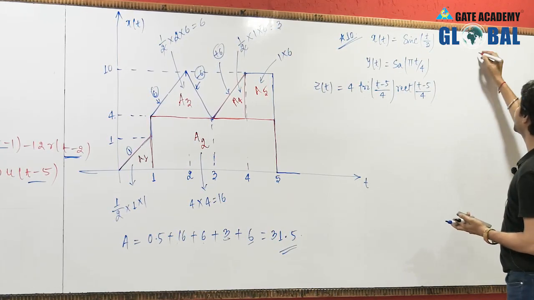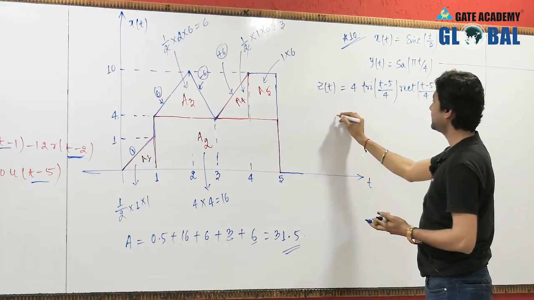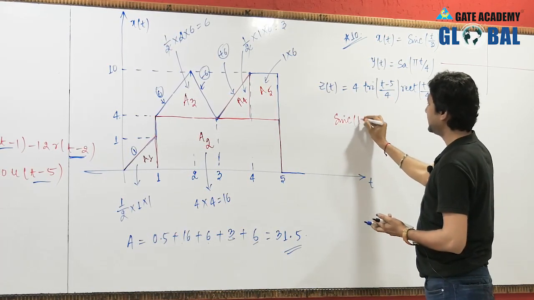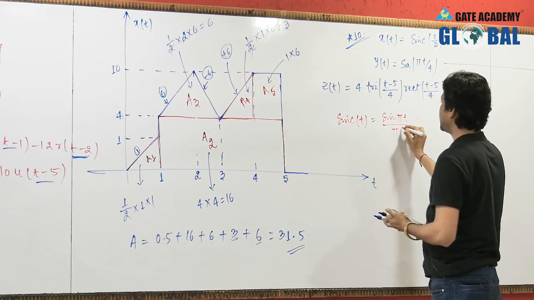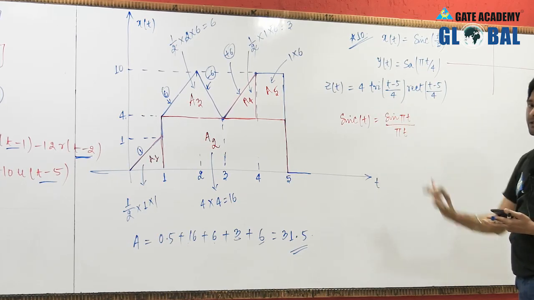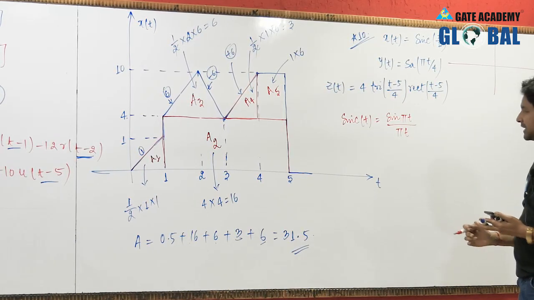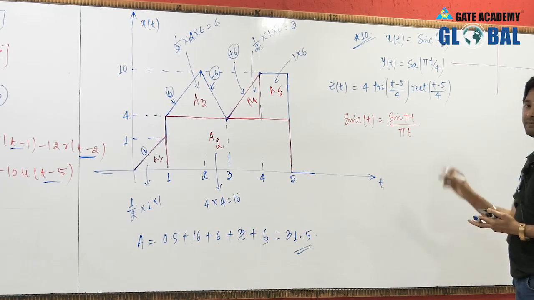If you see the sampling function or sinc function first, let us represent sinc of t, which equals sin pi t upon pi t. Whenever this numerator becomes 0, the overall function sinc of t will cross the 0 value. Therefore, for any integer value of t, the function will be 0.